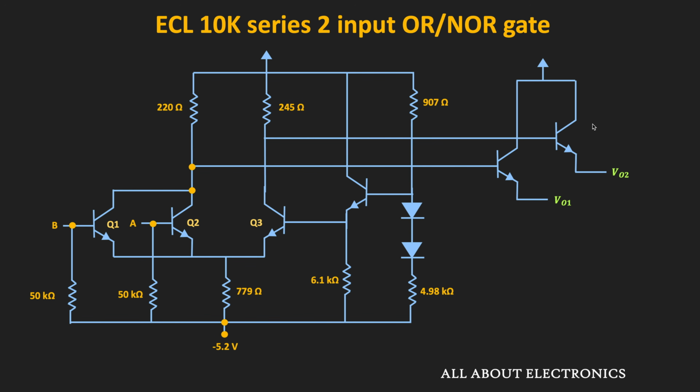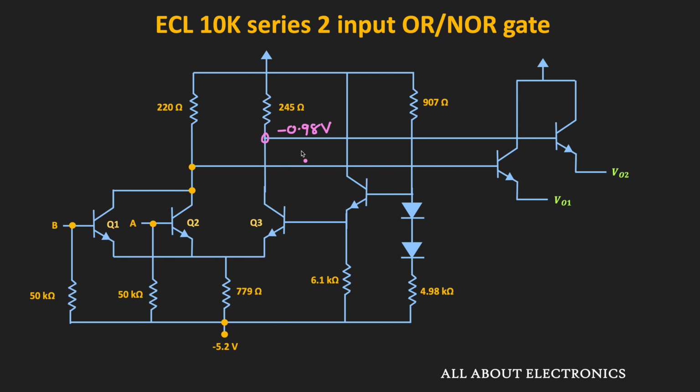So this stage serves two purposes. First, it performs the required level shifting to get the desired voltages for the logic low and the logic high. So for example, here when both A and B are logic low, at that time, the voltage at this end is equal to minus 0.98 volt.